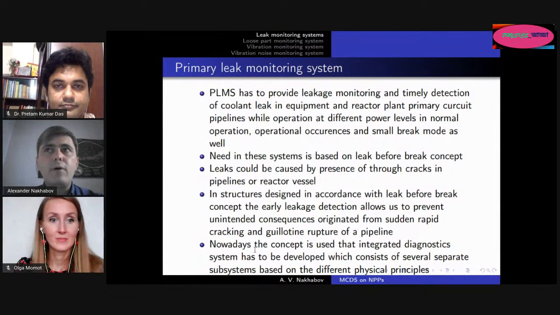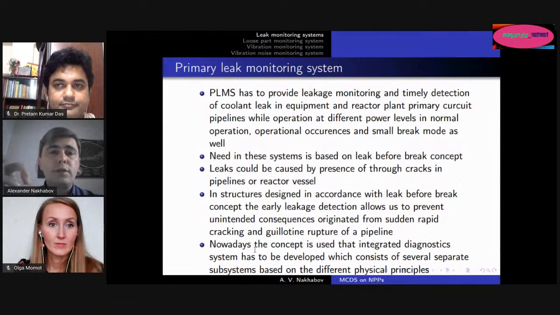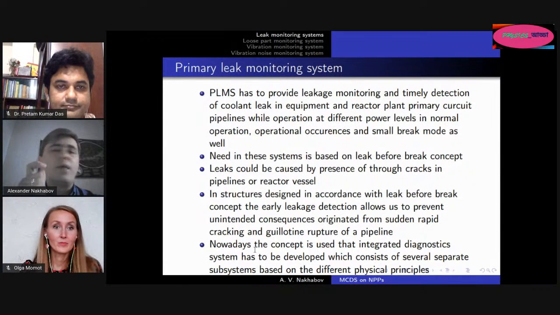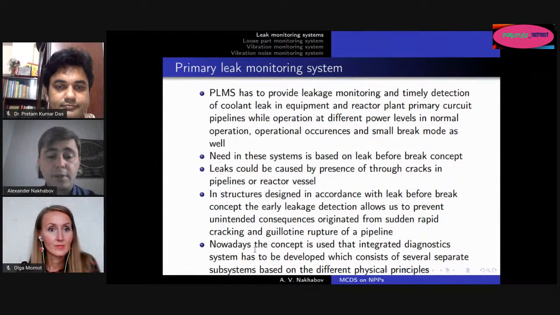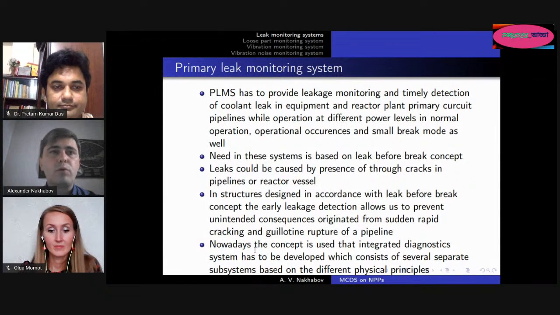For example, on VVR reactors, three kinds of sensors are used for one final purpose: acoustic sensors, humidity sensors, and radiation sensors to find the level of radiation in different rooms or in the volume of containment. Because the task of detection of leakages is not so easy, and of course we want to have some high guarantee that we really find a real leakage. In this case, we want to use several systems simultaneously.